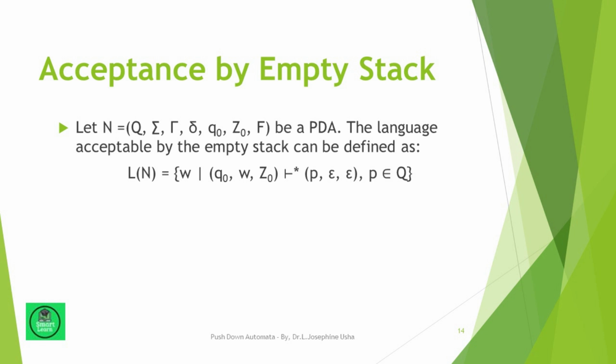The language accepted by empty stack is L of N, which is equal to the set of strings W such that after reading the entire input symbols in W, starting from the start state with initial stack content Z0, it empties the stack content and reaches any one of the states in Q. It may not be the final state. So this is acceptance by empty stack. In this case we can say the string W is present in the language of the pushdown automata.